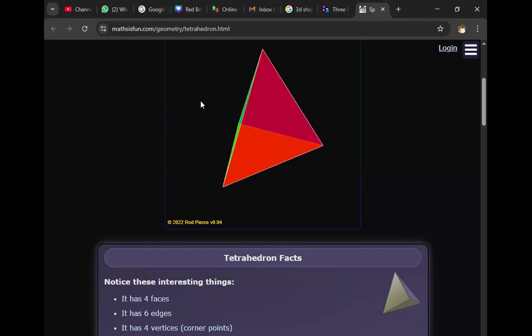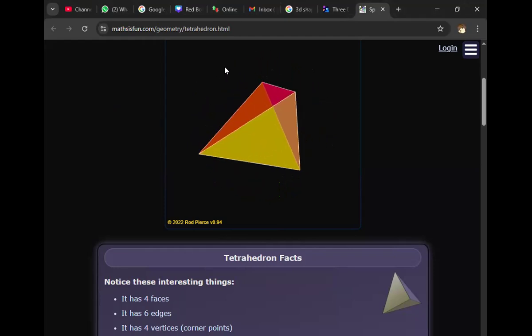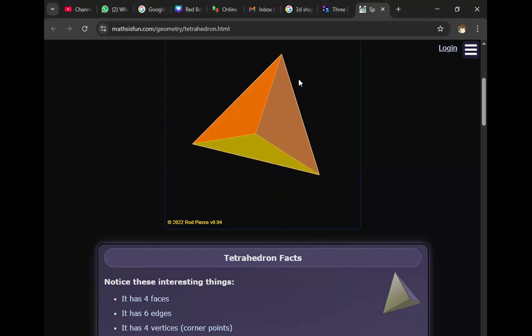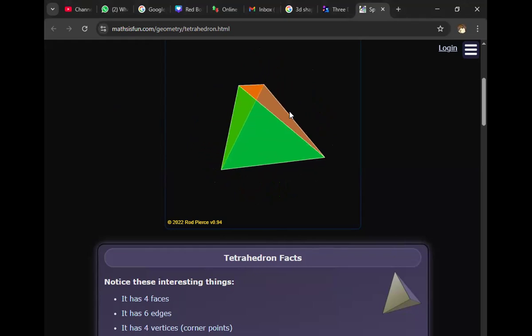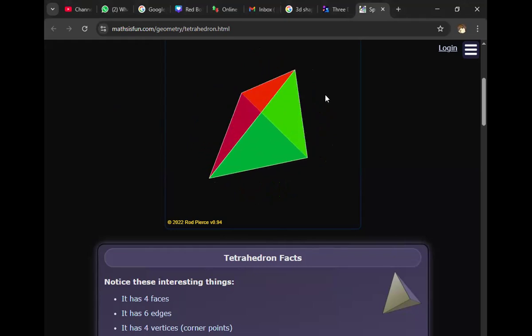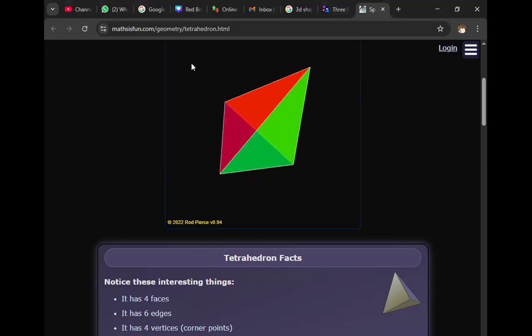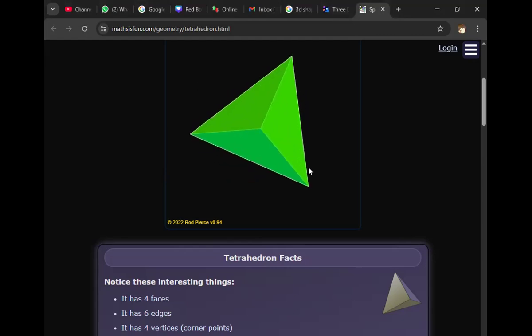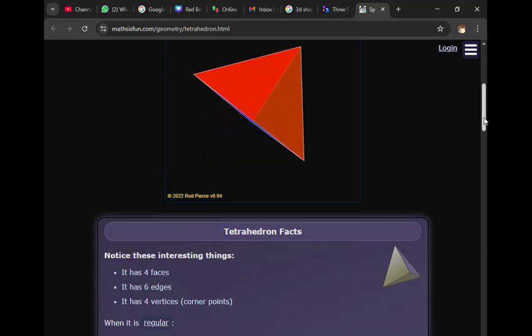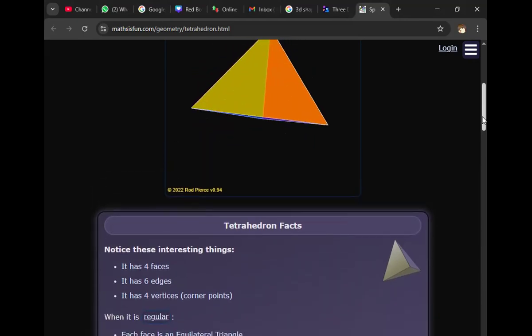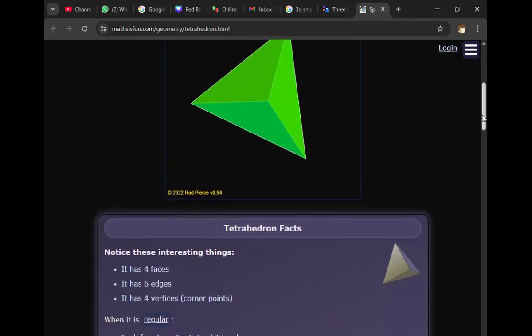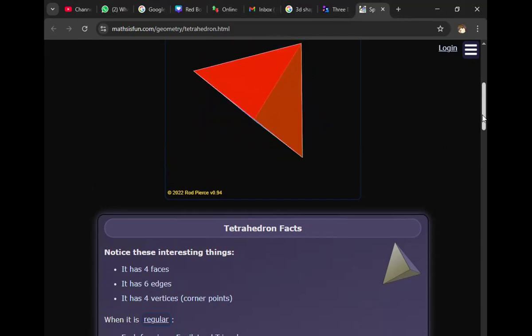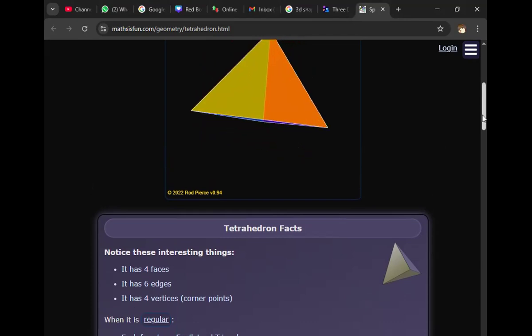If I move the mouse, you can see different angles, the top, side view and below view, and so on. So this is an example of a tetrahedron.